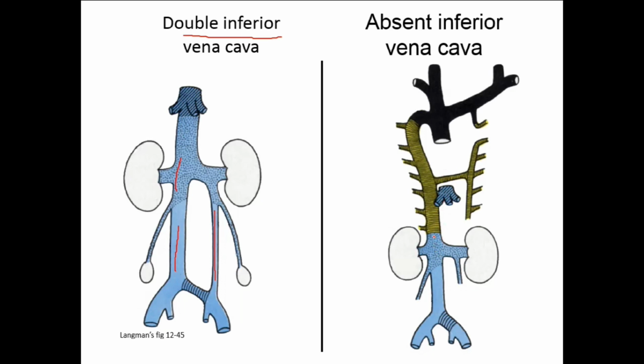Then it has to join the supracardinal venous system, and we know that supracardinal gives rise to the Azygos system. So the blood from the lower part of the inferior vena cava will reach the heart through the Azygos system to the superior vena cava and then to the right atrium.